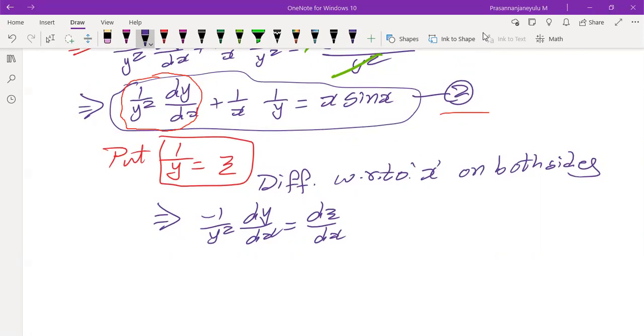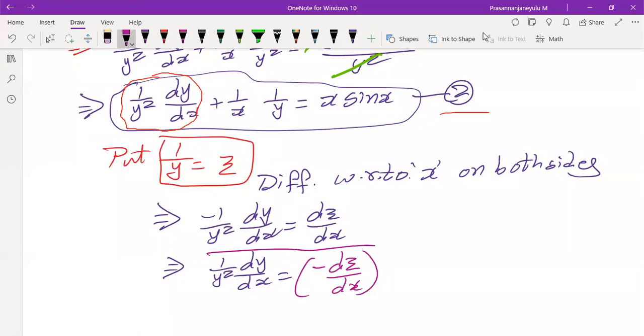What we have here is minus 1 by y square into dy by dx. So what we have to do? We have to take minus to the right hand side. So 1 by y square into dy by dx equals to minus dz by dx.